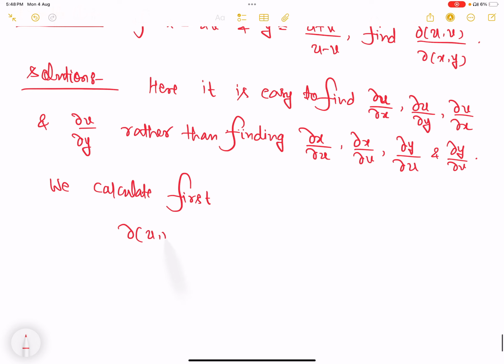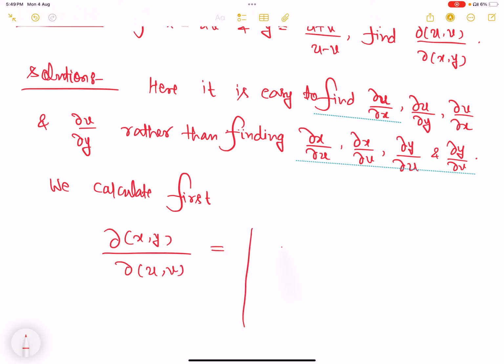del(u, v) upon del(x, y) and del(x, y) upon del(u, v).